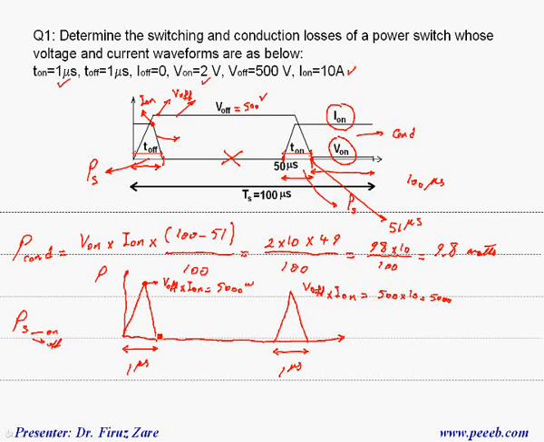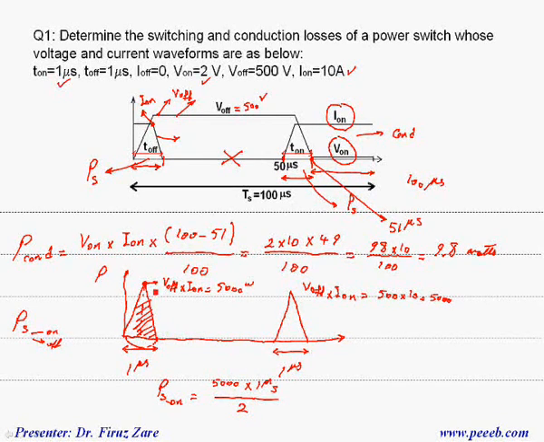In order to find the average, we need to find this area, which is basically this height times of this side over 2. So that means for T on loss, we have 500 times of 1 microsecond divided by 2.